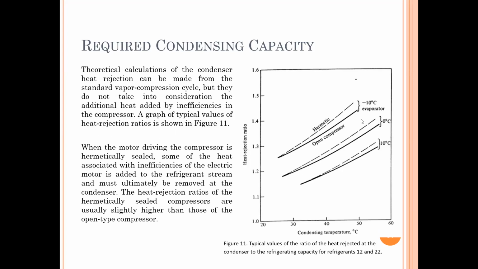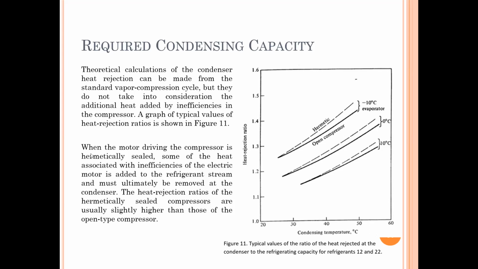So ito, pwede mo na itong maging basis kung ang ano mo, ang refrigerant mo is 12 and 22. Yan. For type of compressor, andito. Negative 10 evaporator, 0, negative, and 10C. So, ano yung condensing mo? So, makikita mo dito yung heat rejection ratio. So, pag na-compute mo yung ilang kilowatt yung evaporator, multiply mo lang, yun na yung heat sa condenser mo.